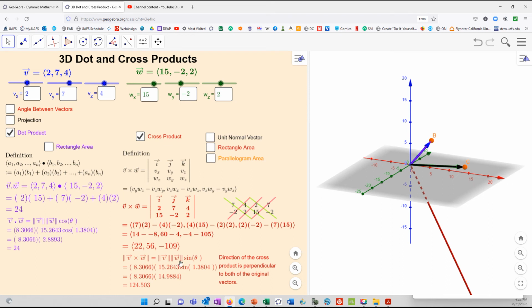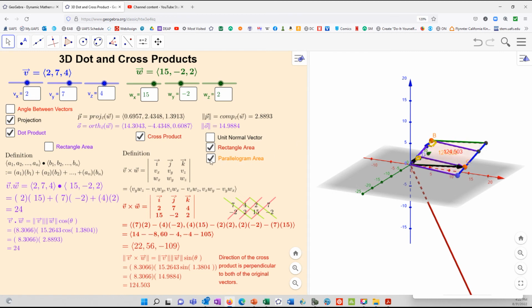This norm of W times the sine of the angle theta, this 14.9 something, that was the length of this purple projection. And again, multiply that by the length of the original vector, that's the area of that rectangle or that parallelogram, and that's the magnitude. That's also the length of this vector right here, which is the cross product.